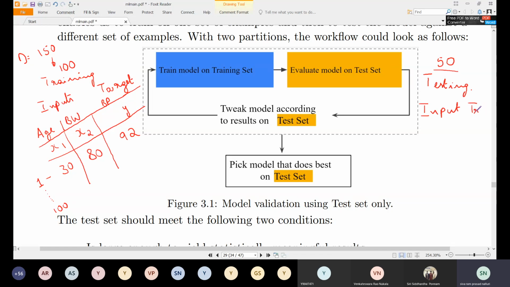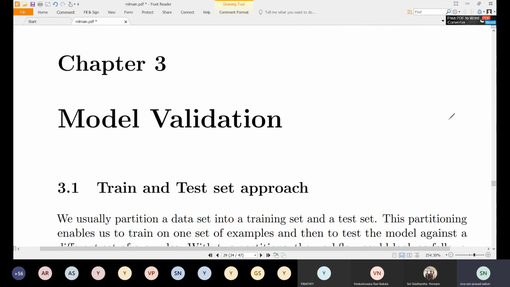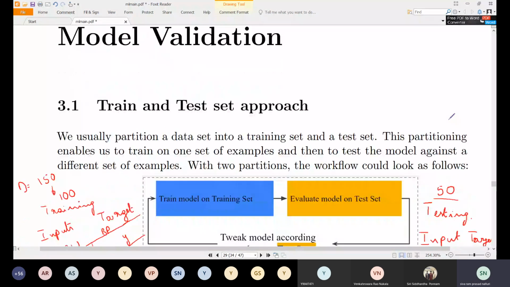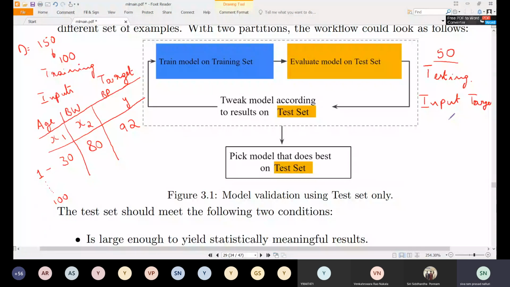Input and target label. I told you that there is no difference between the test data set and the training data set.